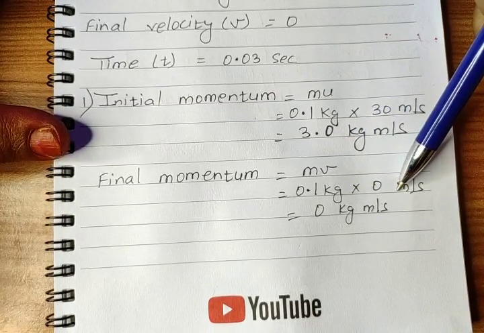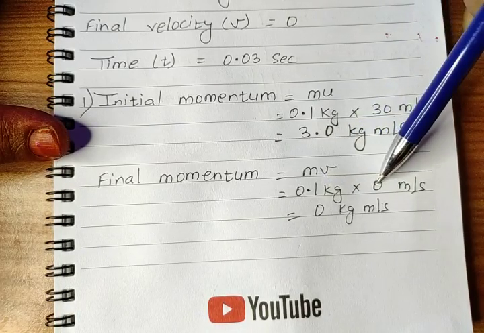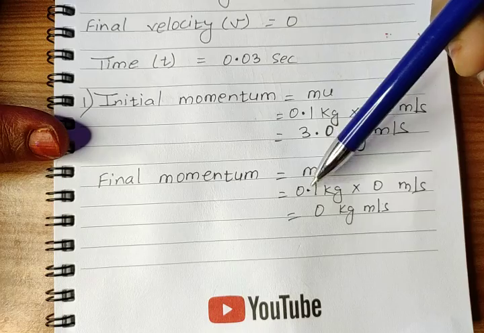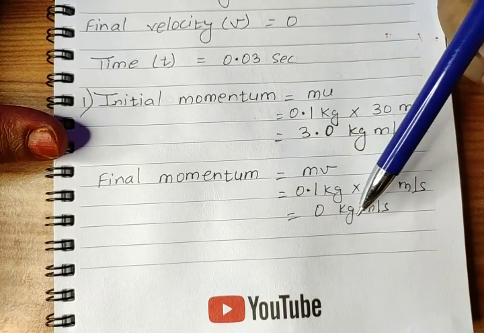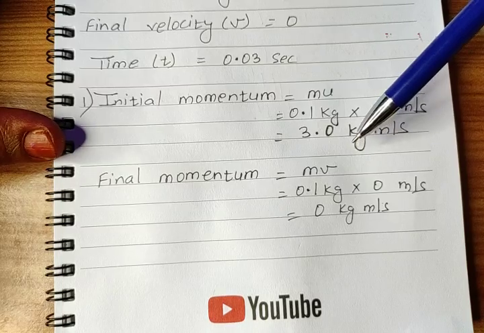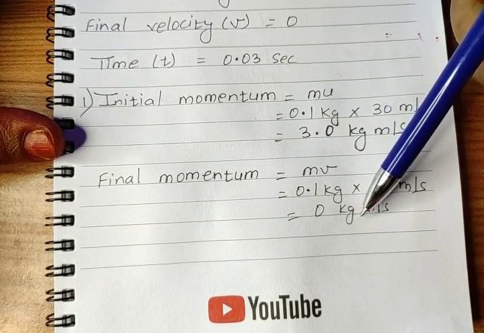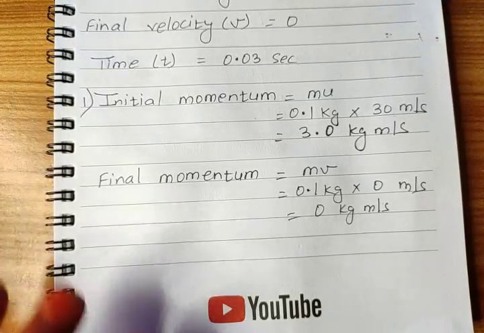The body stopped, so its final velocity is 0, and anything multiplied by 0 is 0. So final momentum is 0. Initial momentum is 3 kilogram meter per second and final momentum is 0 kilogram meter per second.